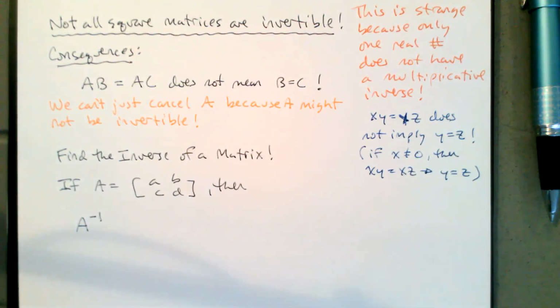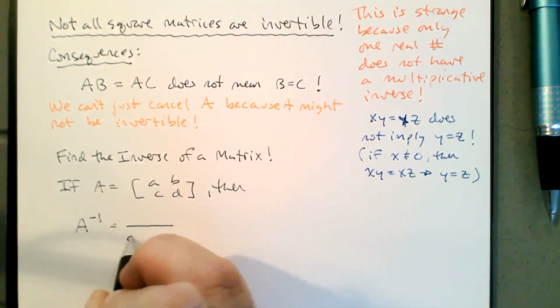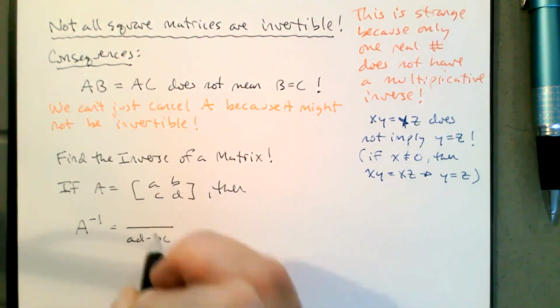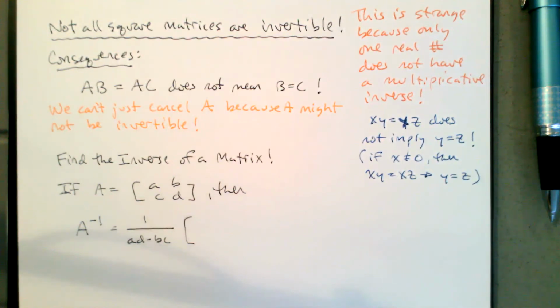Then the inverse of the matrix is going to be 1 over AD minus BC as a scalar. So we take the scalar AD minus BC, the reciprocal of that, and then we just rearrange the rest of it.